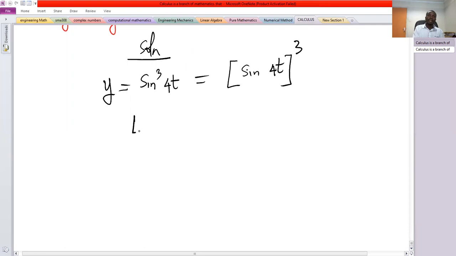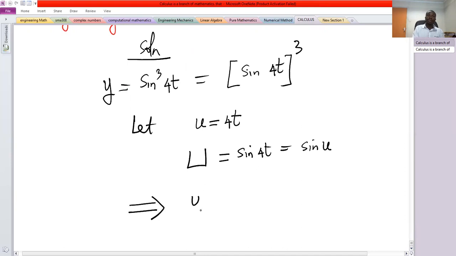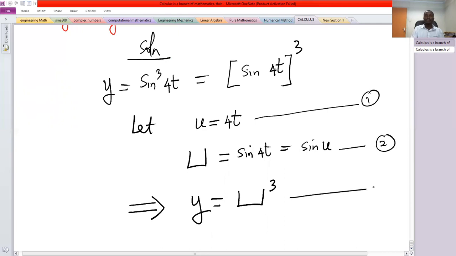So we let small u to be 4t and capital U to be sine of 4t. So the same thing as writing sine of small u, which implies that y will be capital U raised power 3, because I've fixed all this part to be capital U. Now you call this one equation 1, this one equation 2, and this one equation 3.